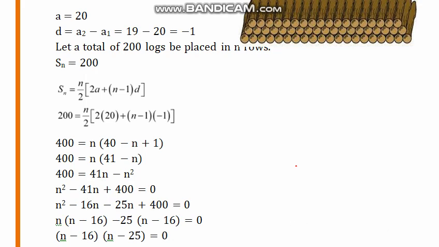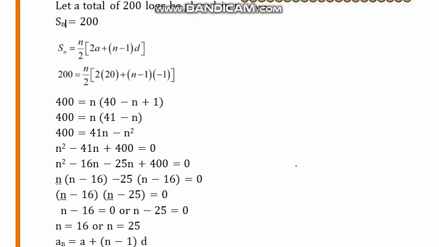Then students, we know that finally we got the general form of a quadratic equation. So how do we find the value of n? We need to factorize here. The product is plus 400 and the sum is minus 41.